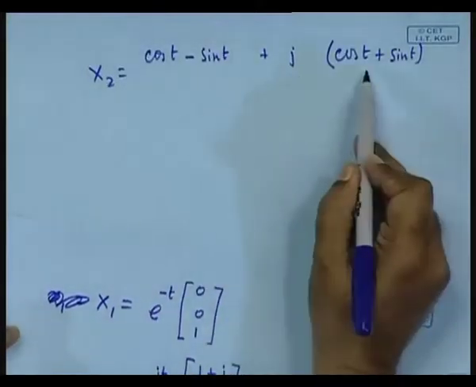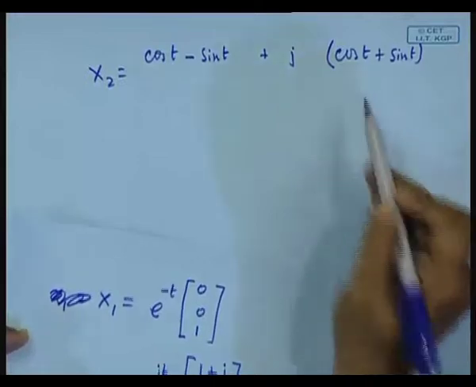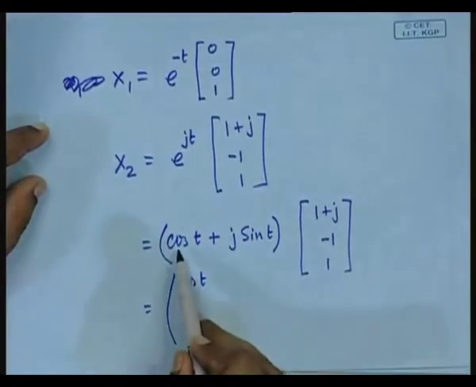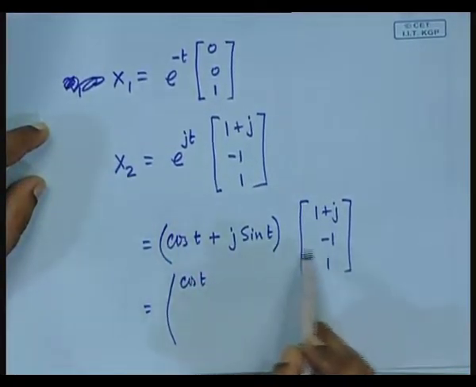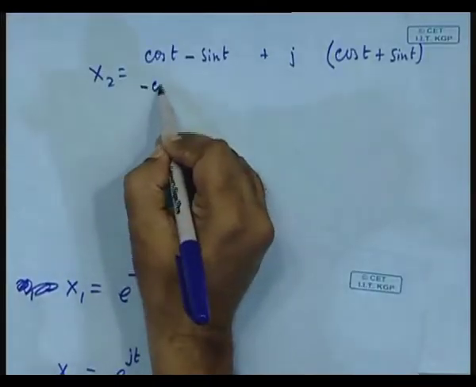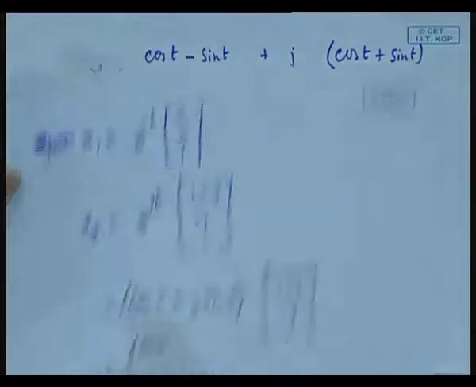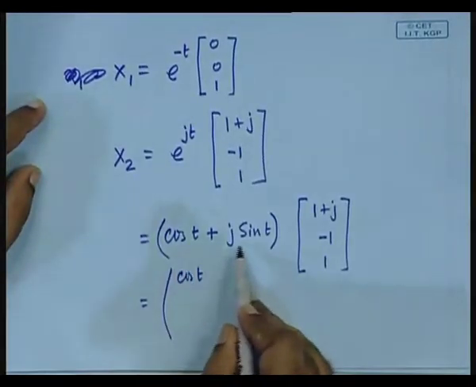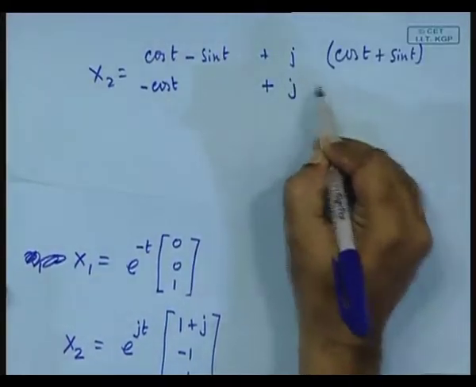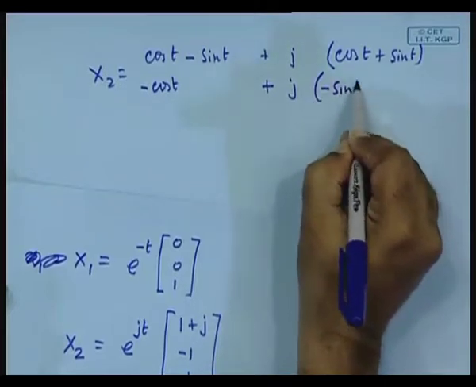So, I have just separated them out. Second line is cos t minus 1, so minus cos t plus minus j, so j minus sin t.